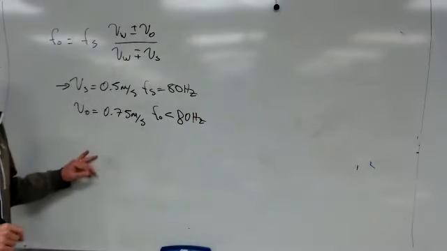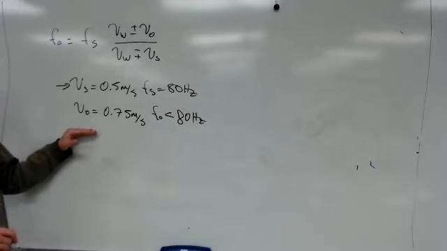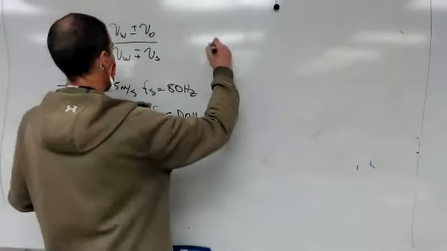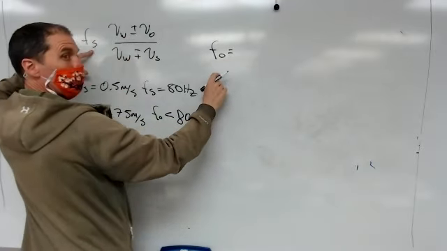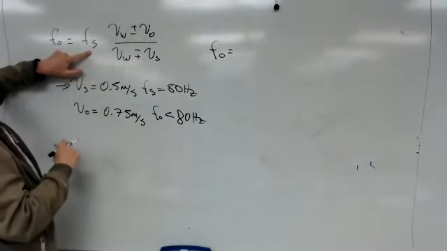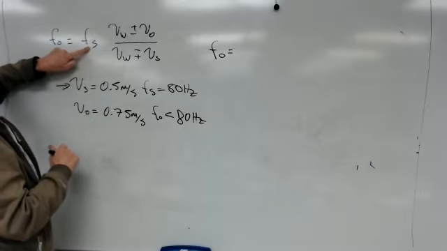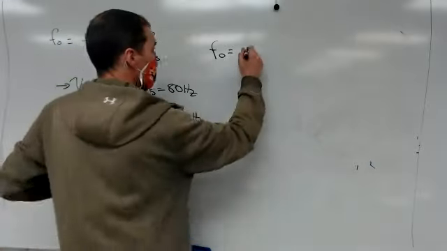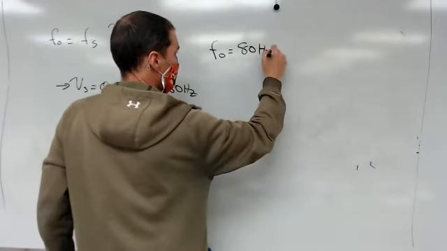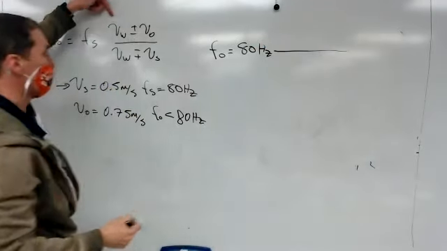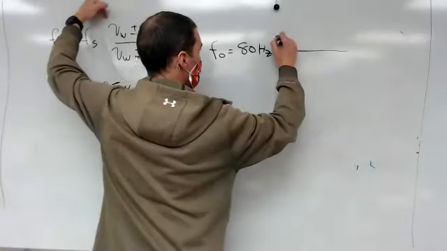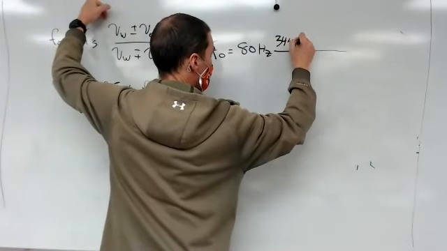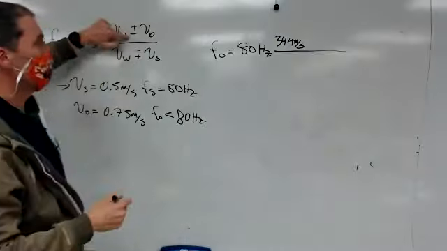So how would we calculate that? If I wanted to calculate F observed, what goes in for this guy? 80. What goes in for this guy? Plus or minus?